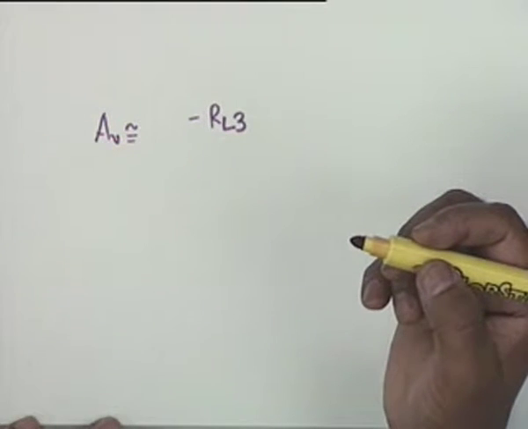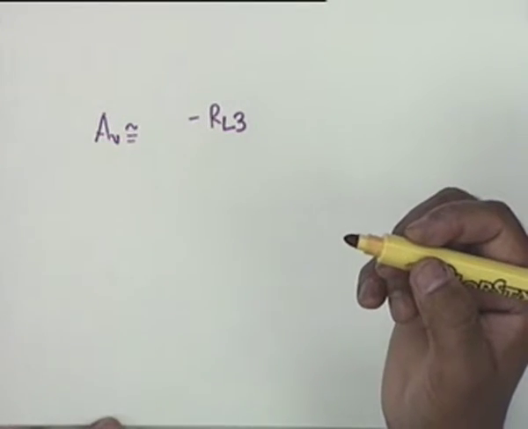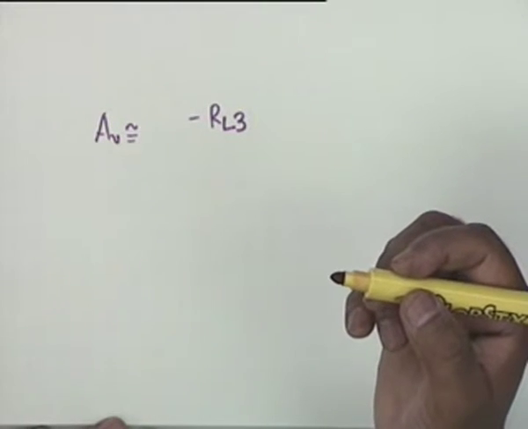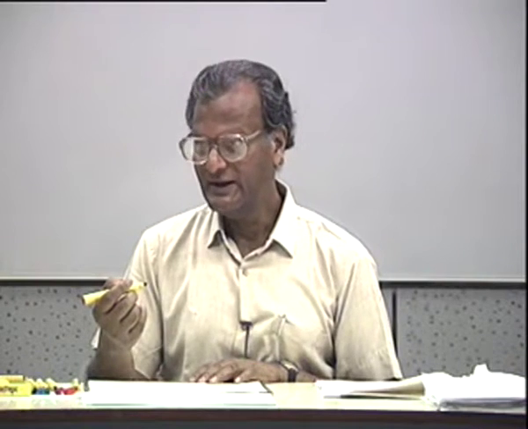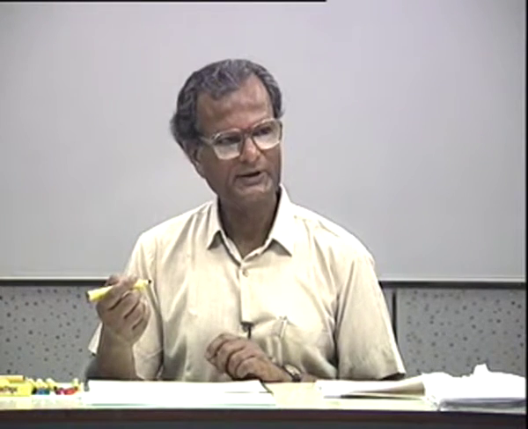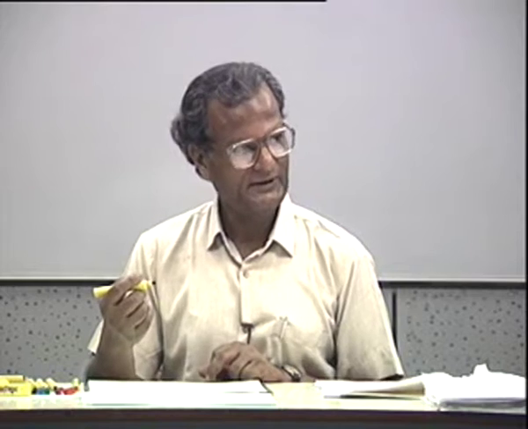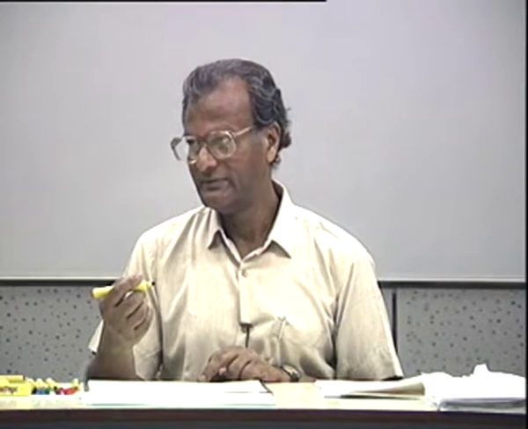RL1 and RL2 approximately do not take part in fixing the gain. The gain is almost determined by RL3 and the three components of the feedback network, that is RE3, RE1 and RF. Can you guess the underlying assumption?